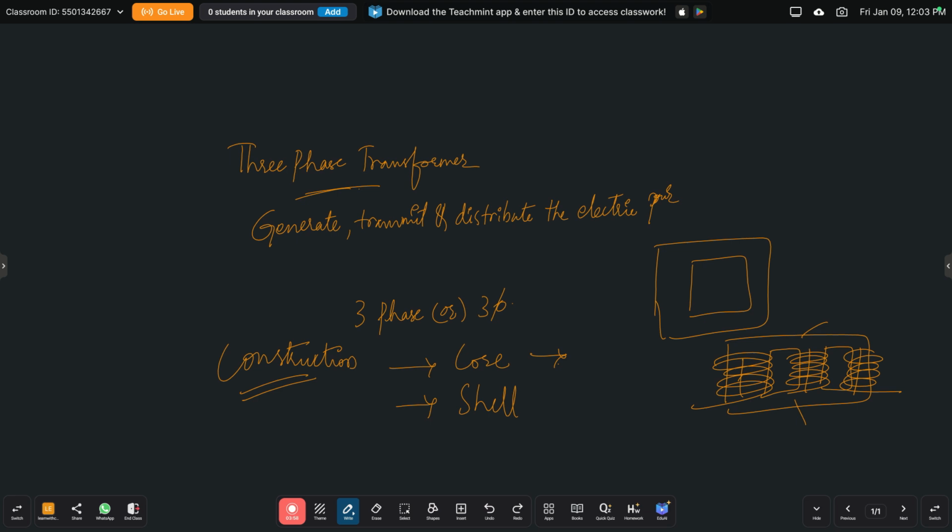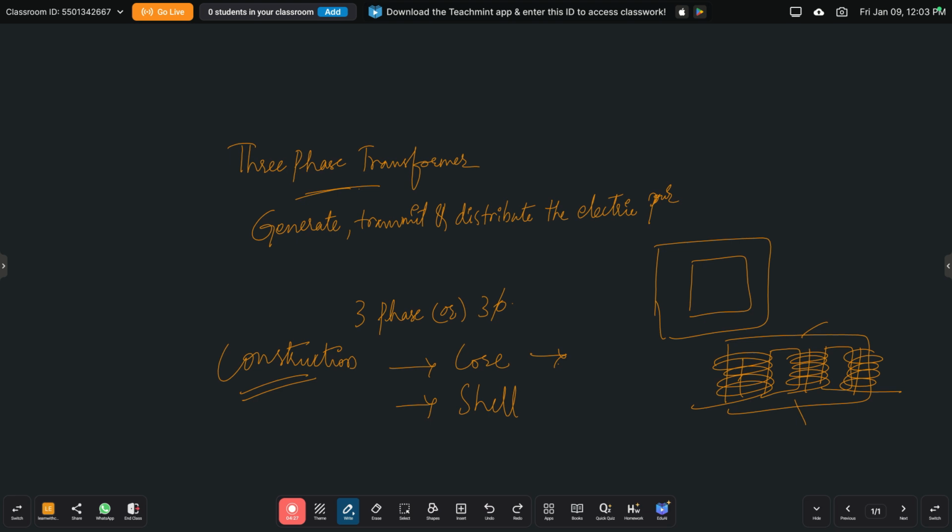Each leg of the core carries both the high voltage and the low voltage winding, because the performance is better compared to having individual low voltage and individual high voltage legs. We can place the low and high voltages together. The cores are laminated to minimize eddy current losses in the core and the yoke.